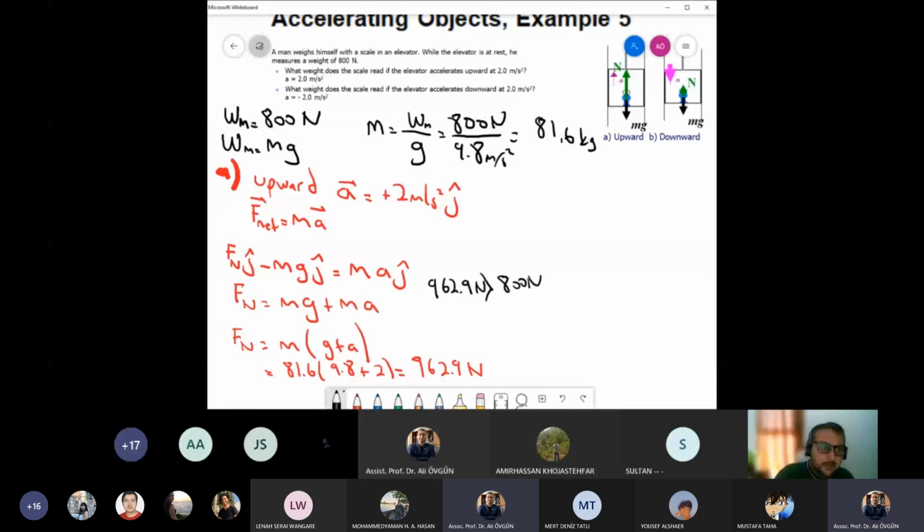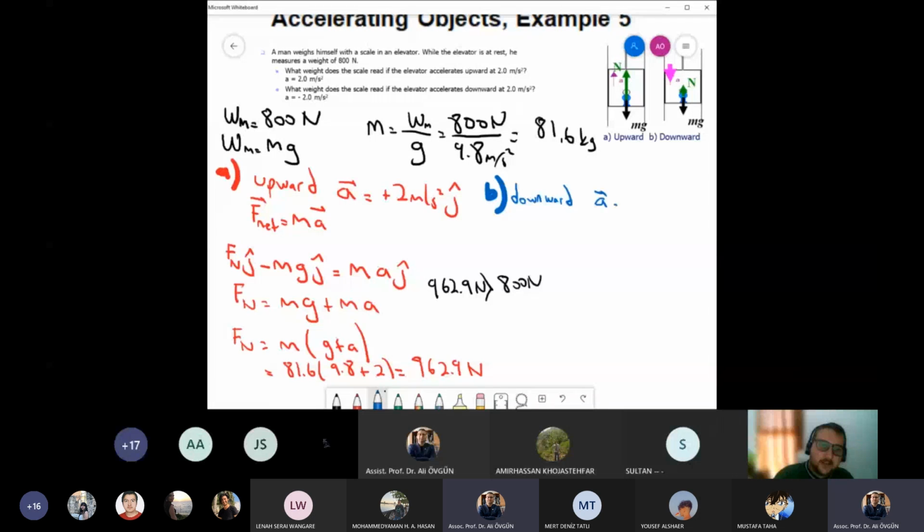And part B, now at part B, what weight does the scale read if the elevator accelerates downward? So if the elevator is going downward, what happens?